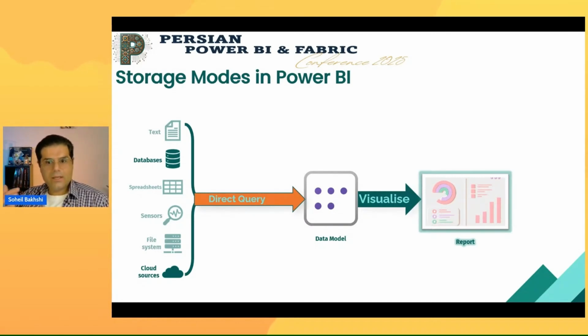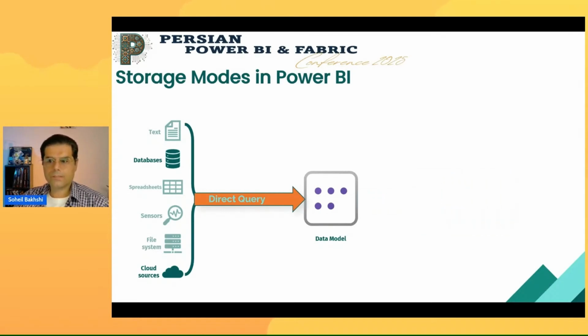Basically, it works with everything for which Power Query can generate an underlying query in the native language that the data source supports, sends it to the data source, grabs the results back, and shows the results in the visualization layer. That is DirectQuery. So something like Excel or CSV or text do not support DirectQuery mode, right?